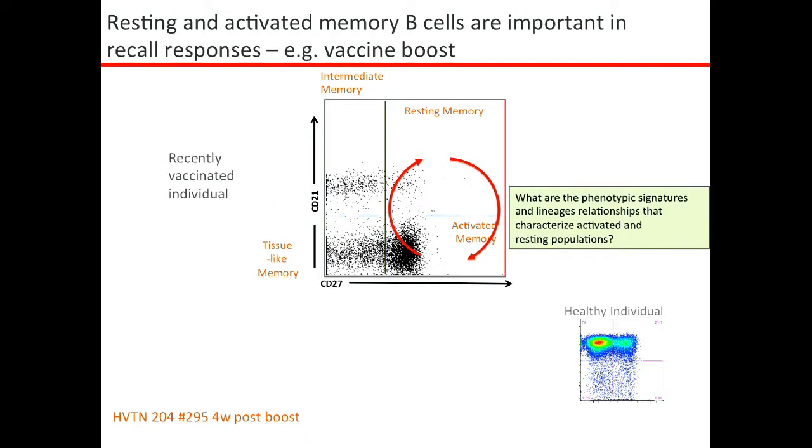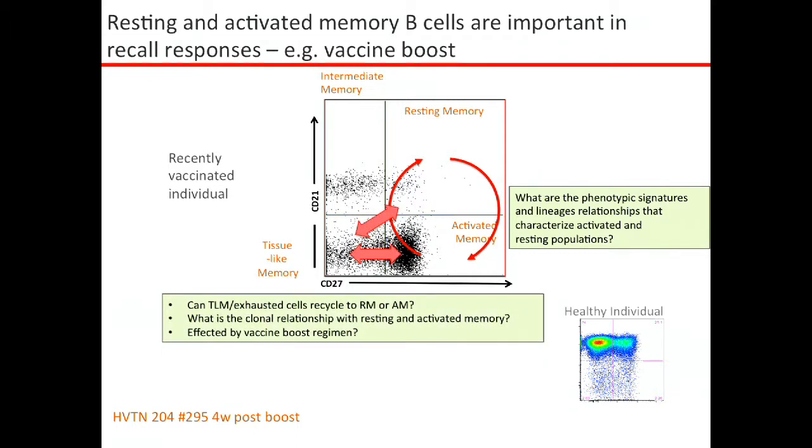This is again another plot of CD21 against CD27, and this is from a recently vaccinated individual. And you see there's a lot of cells landing in this activated memory phenotype. One of the questions we want to ask is, what are the phenotypic signatures and lineage relationships between the resting population and the activated memory population?